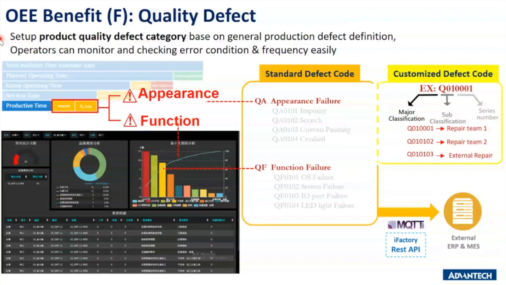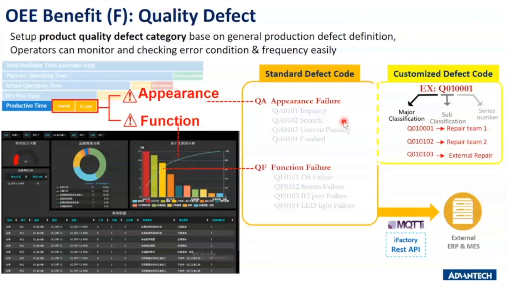With a similar concept, you can also have the standard defect code. Maybe the quality has a problem with appearance failure, things like impurity, scratch, uneven painting, crash.